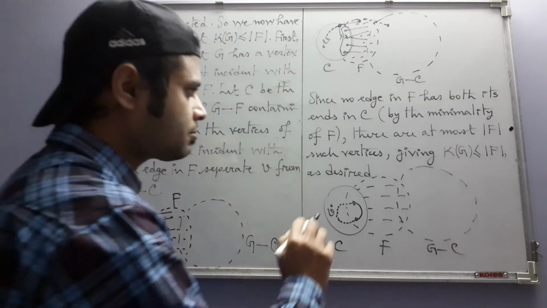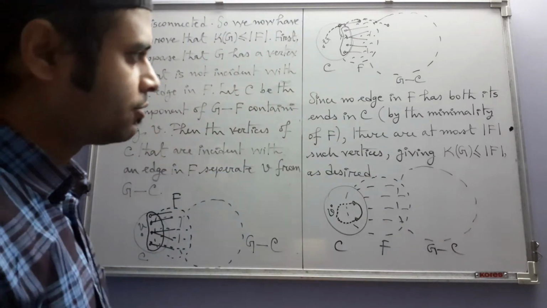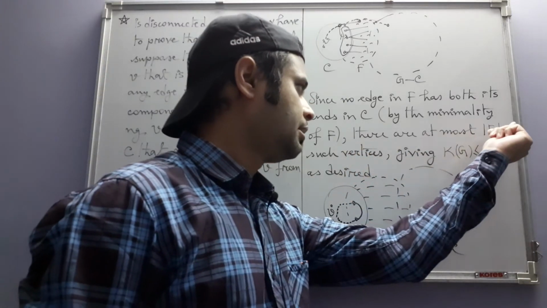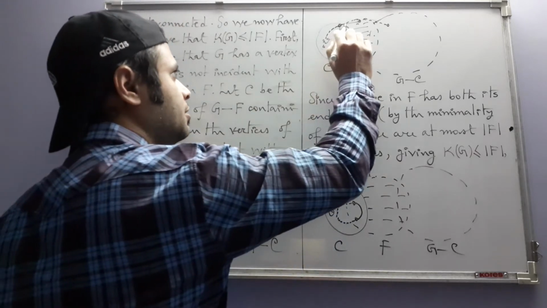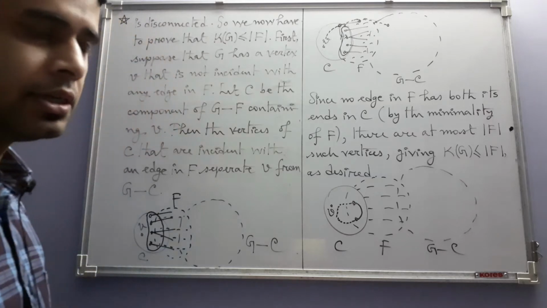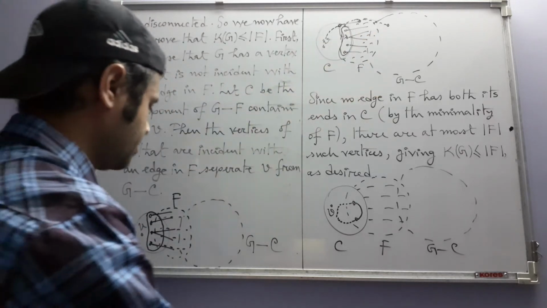Fine. But now, taking everything into account, how are we saying that there are at most this many such vertices? Such vertices means this type of vertices whose removal disconnects V from G minus C. How? Let us see.